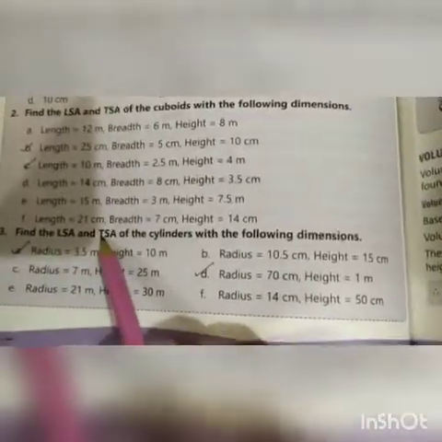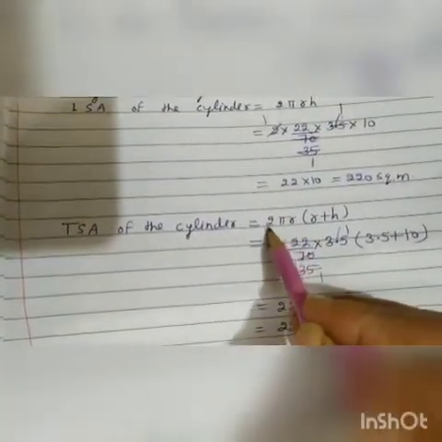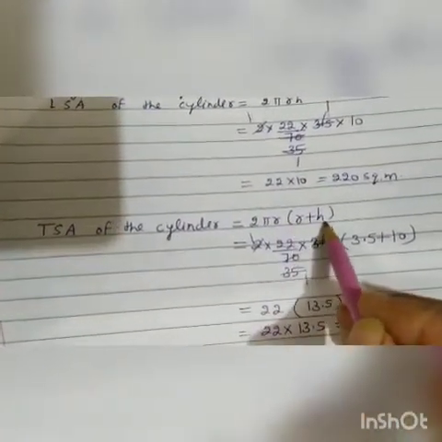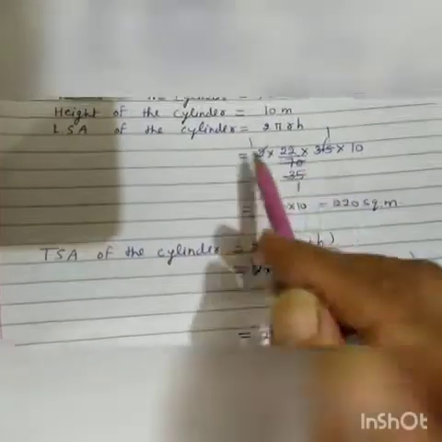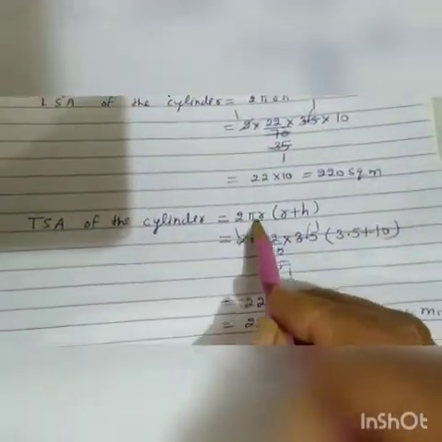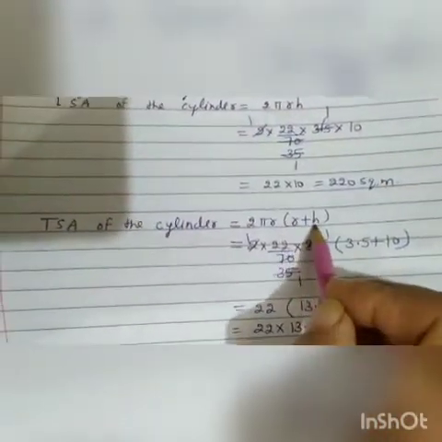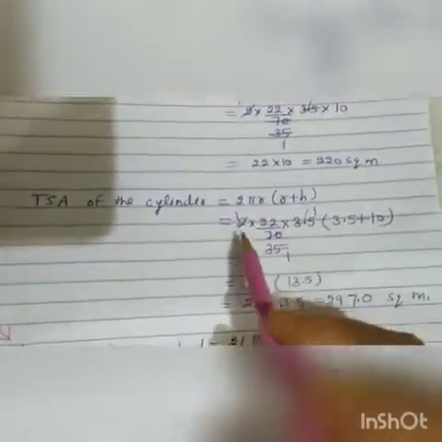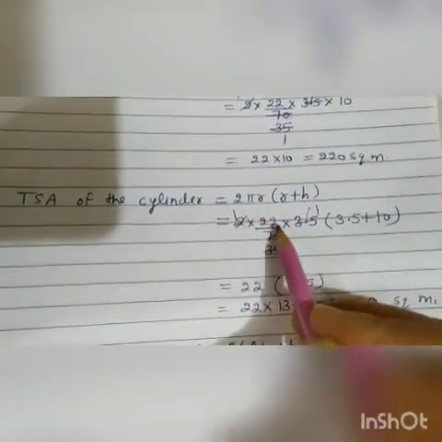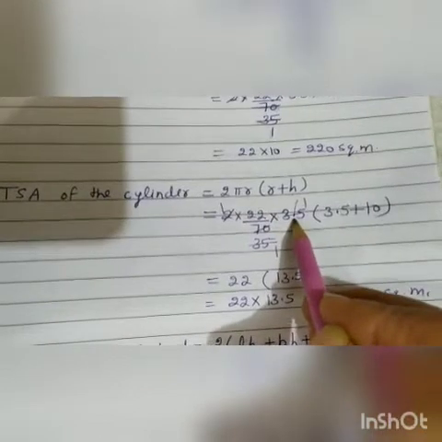Then total surface area, we have to find total surface area also. Formula for total surface area of the cylinder is 2 pi r(r + h). Lateral surface area is 2 pi rh. Here 2 pi r, first we will write this 2 pi r, then r plus h. Now 2, again pi is 22 upon 7, multiply this r is 3.5.